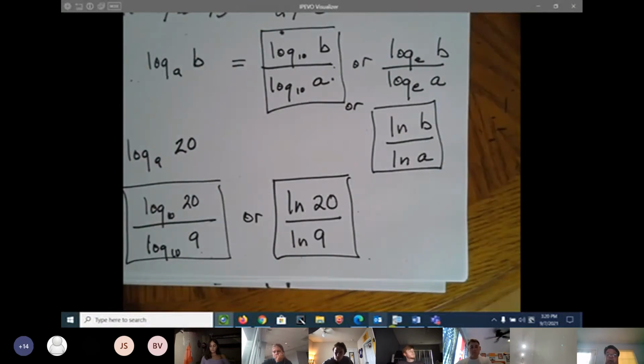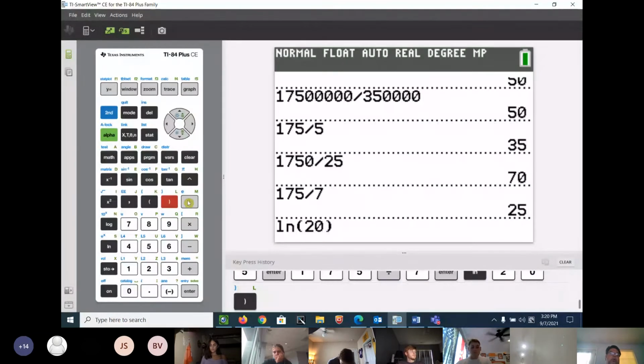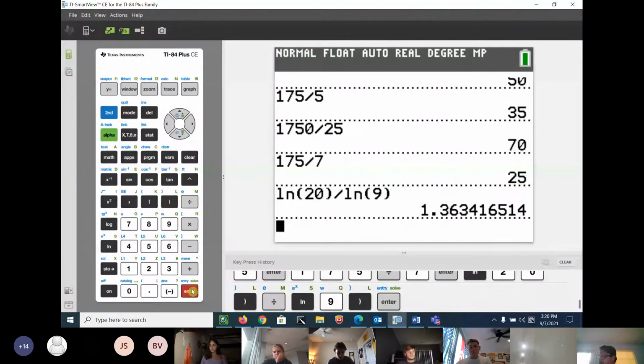So take your handy dandy calculator. Natural log of 20 divided by the natural log of 9. 1.36.